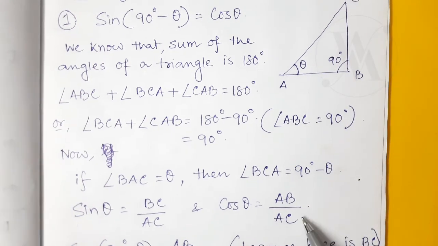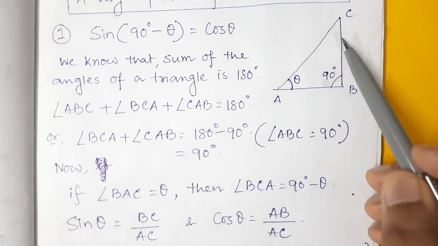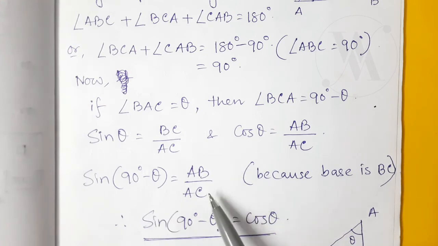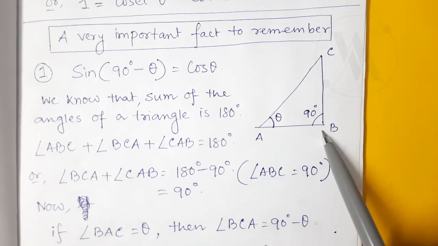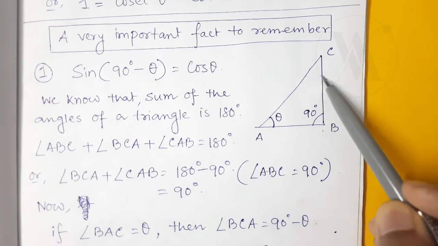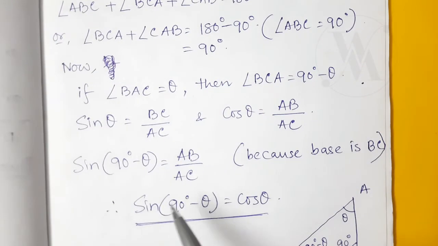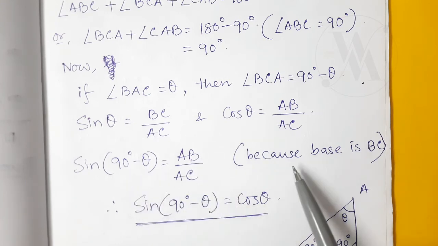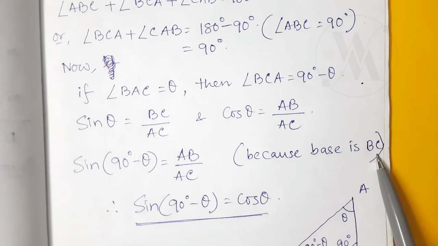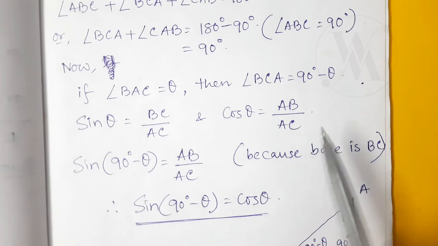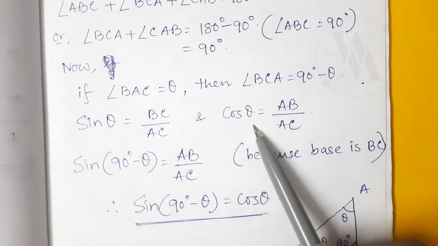But if you take this angle, sine 90 degree minus theta, then it will be AB by AC, because AB is the perpendicular now and BC is the base now, since we are considering this angle. That's why we have written here sine 90 degree minus theta is AB by AC, because base is BC. Now you can compare: AB by AC and cos theta is AB by AC. So sine 90 degree minus theta is equal to cos theta only.